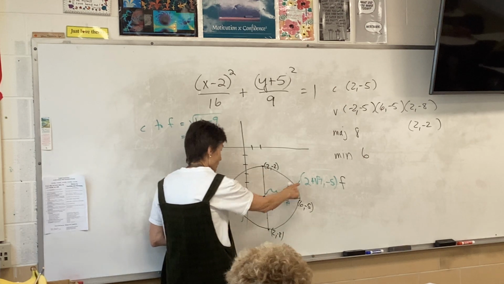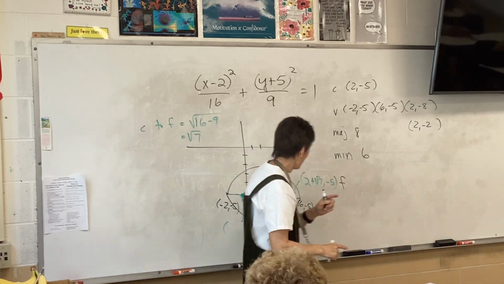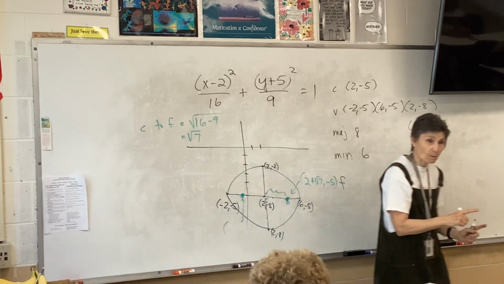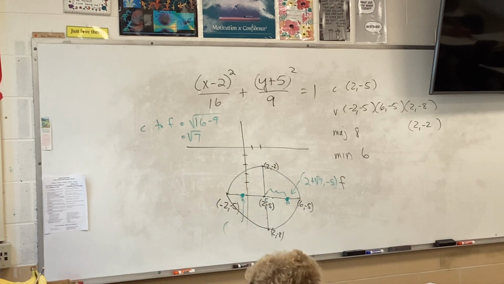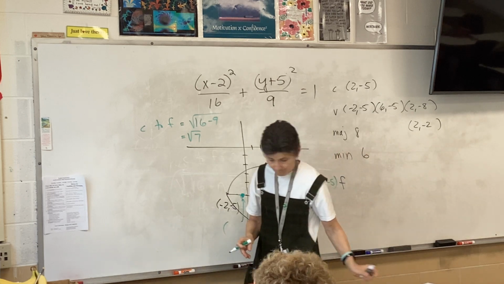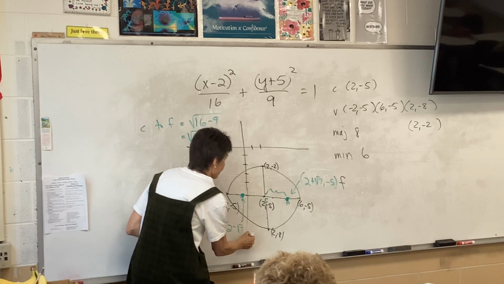And then what's this one right here going to be? So this one, guys, was starting at 2 plus root 7, because I went to the right. So if I go to the left, it's 2 minus root 7.